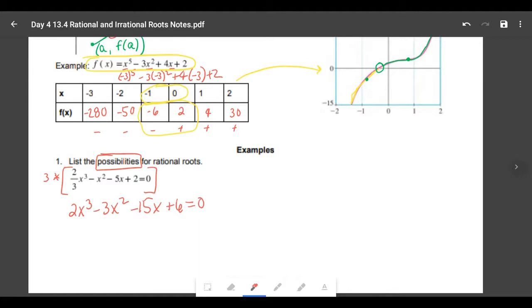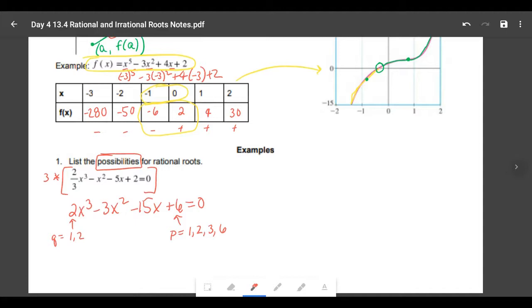So I'm going to look at what all of my p's are. I need all my factors of 6. That's 1, 2, 3, and 6. And all of my q's, which are the factors of 2, which are 1 and 2.